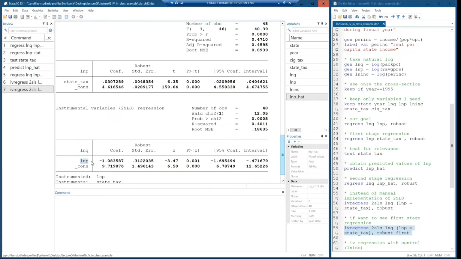So the reason for including an exogenous variable which is not correlated with the endogenous variable is that it makes the standard errors lower, because it helps in explaining variation in the dependent variable.